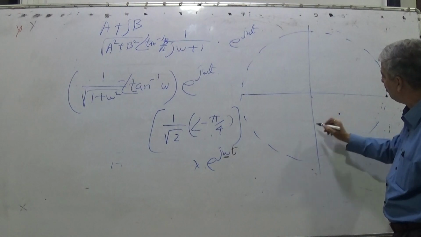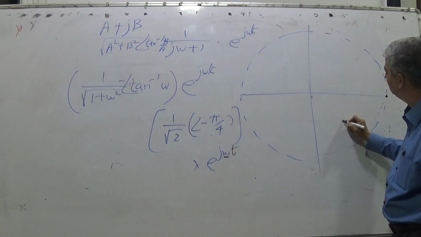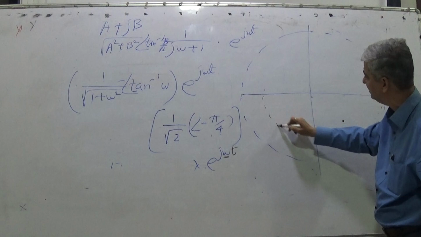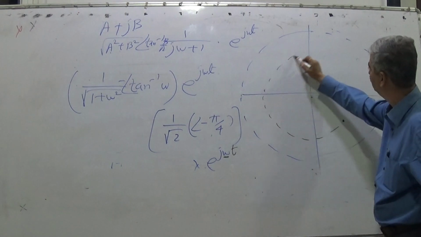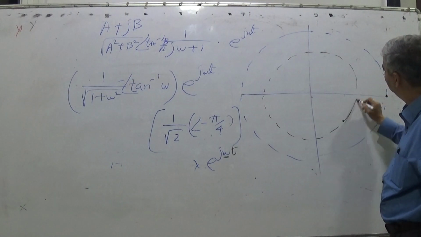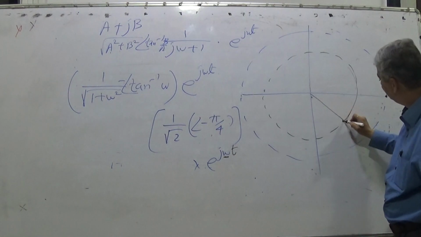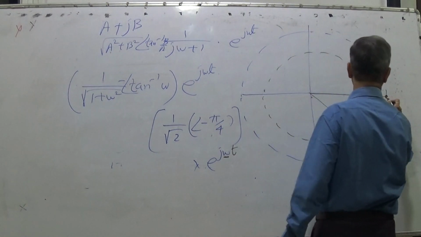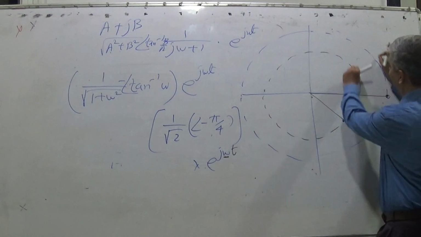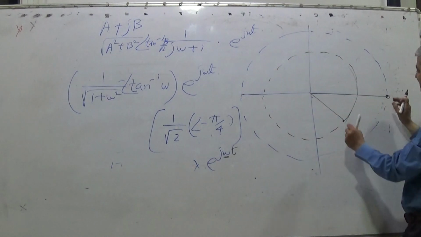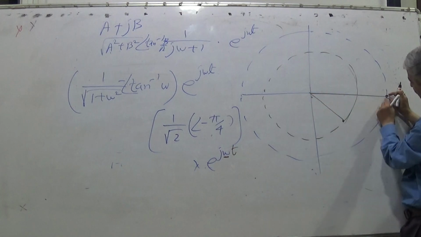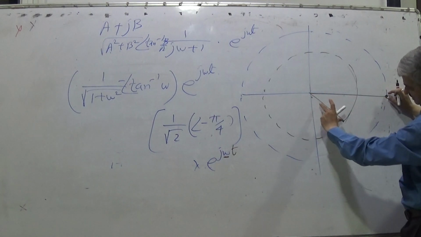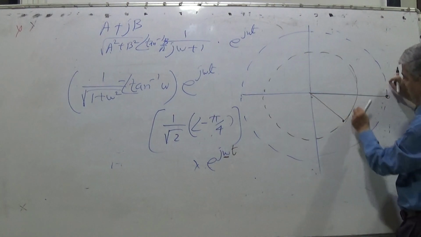It rotates on a circle of radius 1 by root 2. As the input rotates, the output rotates. The only thing is that the input had a larger value, the output is less, and it is phase shifted.